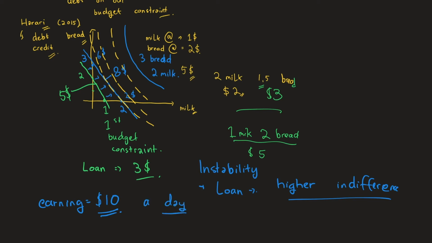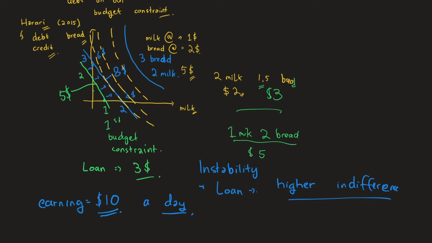You are still spending $8, which is less than your income. But one situation happens, for example, when you have kids and you need to spend $16 a day, so you buy much more milk and much more bread.